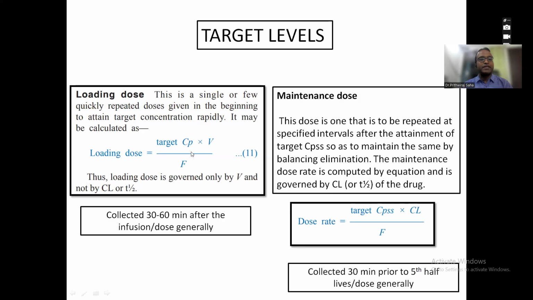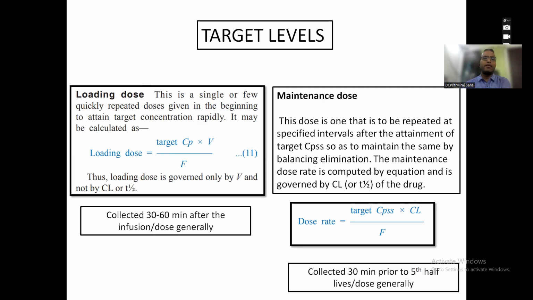And what is F? F is the bioavailability. So if you give a drug X and the bioavailability is 90%, then 0.9 part of the drug will make it into the blood. So we have to divide the target peak concentration into volume of distribution by the bioavailability to get the actual loading dose, because the whole part will not reach.